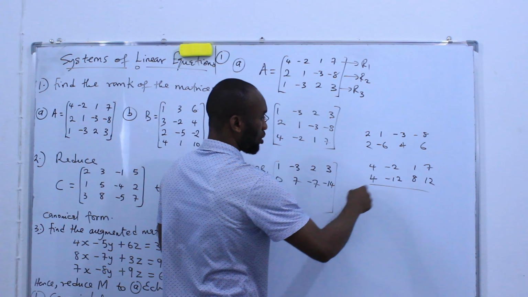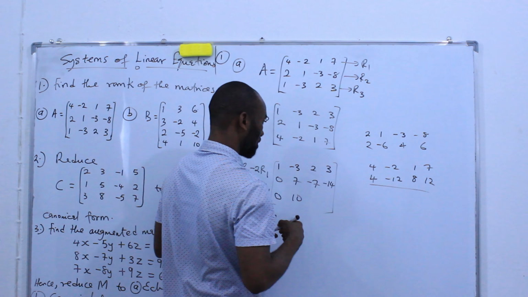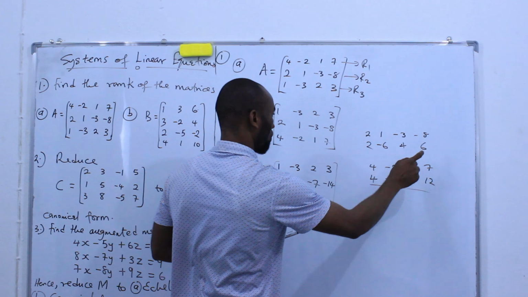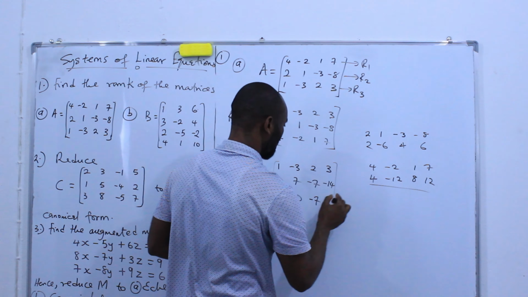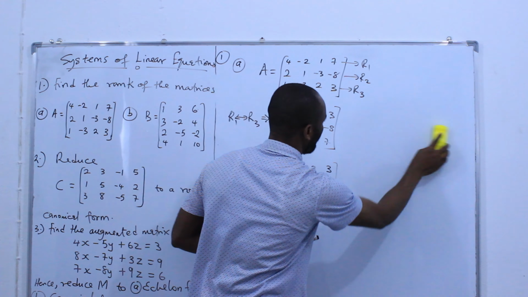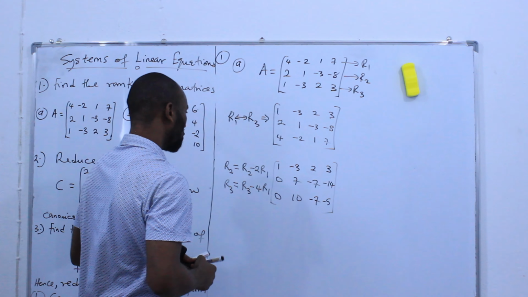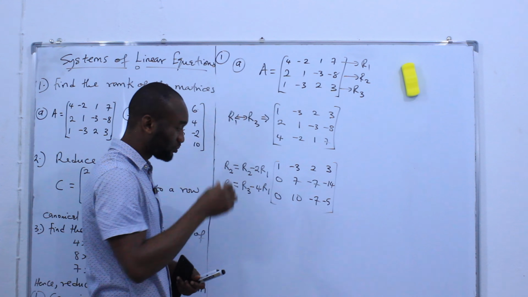Minus 2 minus minus 12 is 10. 1 minus 8 is minus 7. 7 minus 12 is minus 5. So this is what we have as the new matrix. Now we have succeeded in turning these entries to 0.